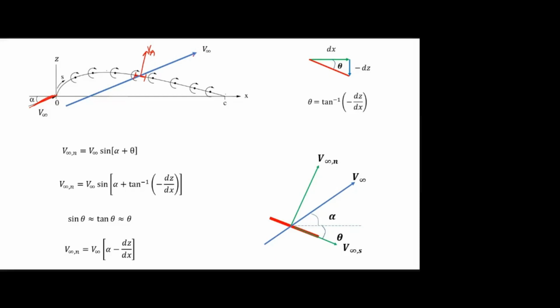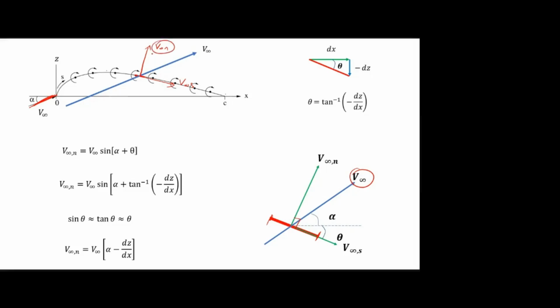So this V infinity I can resolve into V infinity N and V infinity S, with respect to this reference length. The normal component is V infinity N, the tangential component is V infinity S. Is that clear?